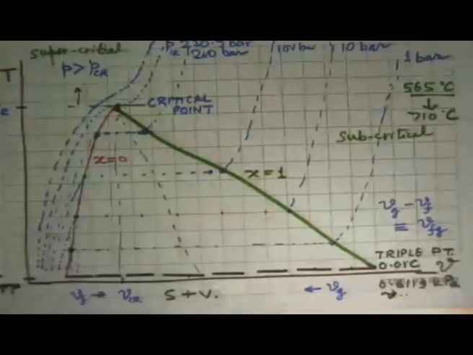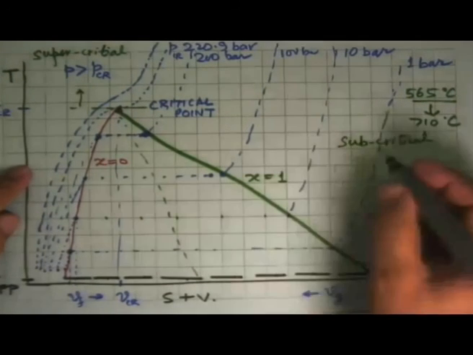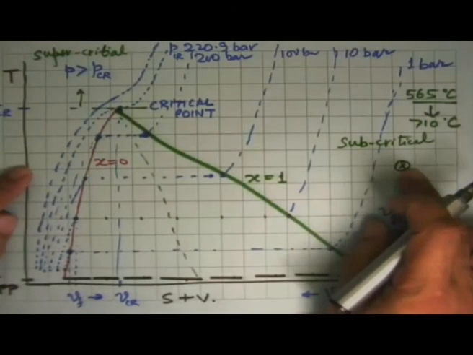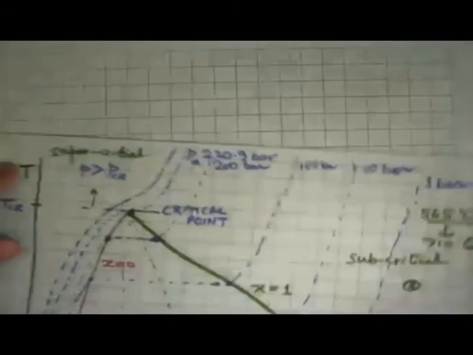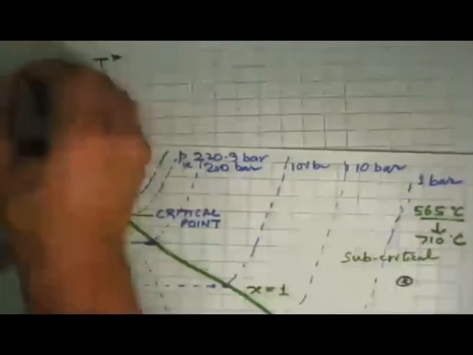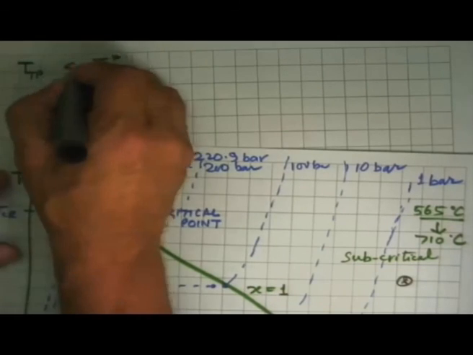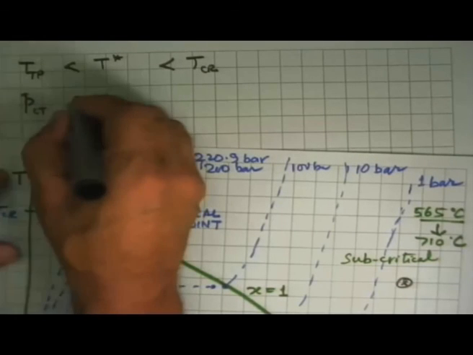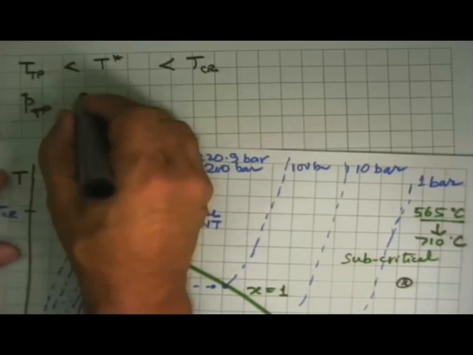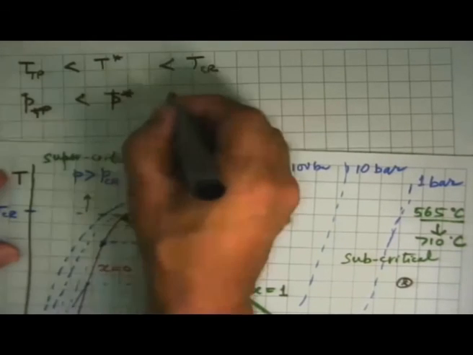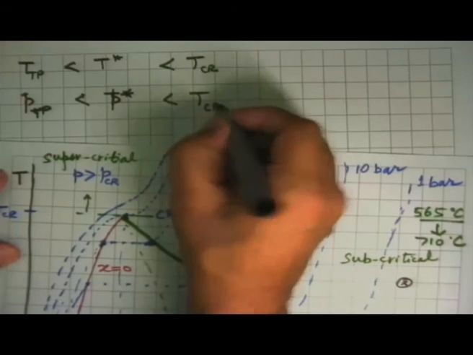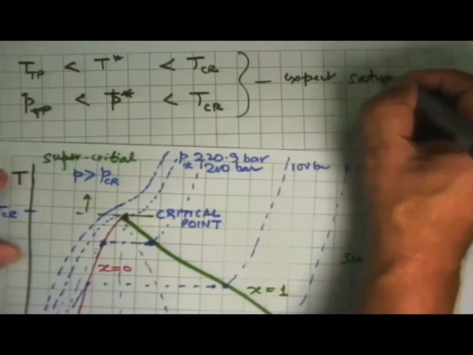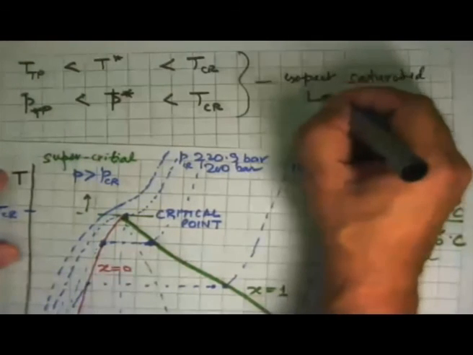It is not necessary that it will always be there, because at this temperature, if we have this pressure, it is a superheated state. But if the given temperature is between the triple point and critical point temperatures, and the given pressure is between the triple point and critical point pressures, then we can expect a saturated state to be formed, a saturated liquid plus vapor state.